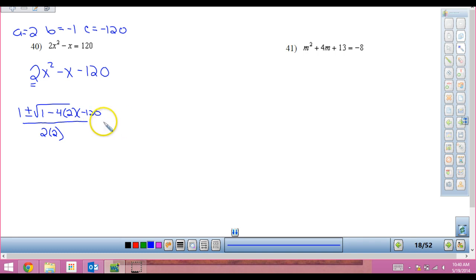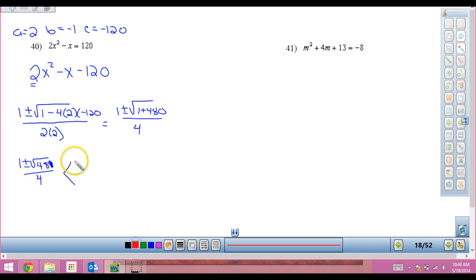So we are going with 1 plus or minus the square root of 1. That turns into a plus 480, all divided by 4. So now we're going 1 plus or minus the square root of 481, sorry, all divided by 4.